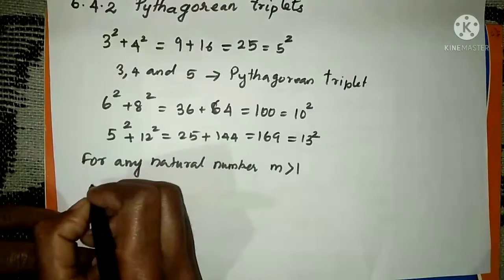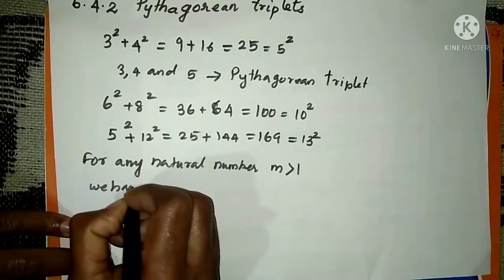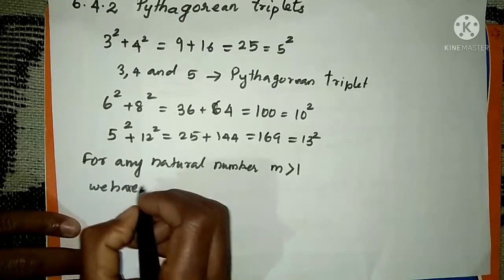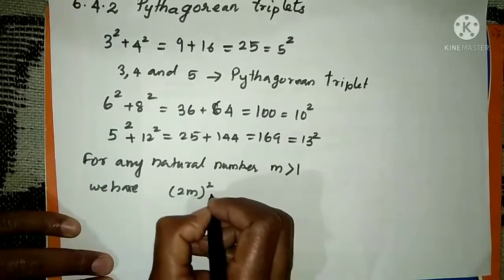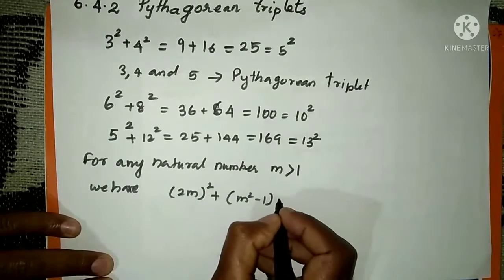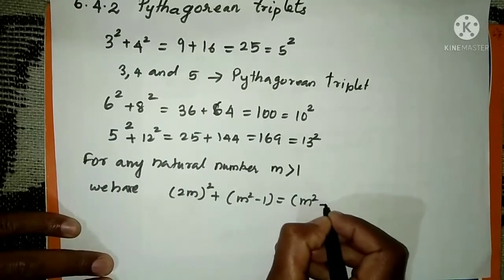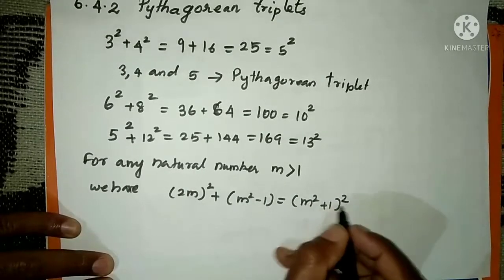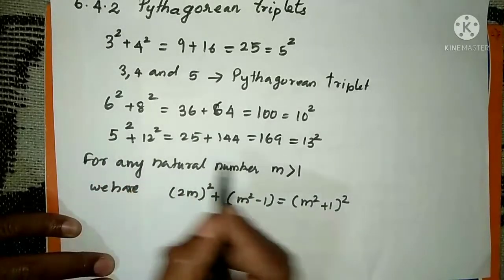For this one, we have one equation: (2m) whole square plus (m square minus 1) whole square is equal to (m square plus 1) whole square. Just like this one, 5 square plus 12 square is equal to 13 square.